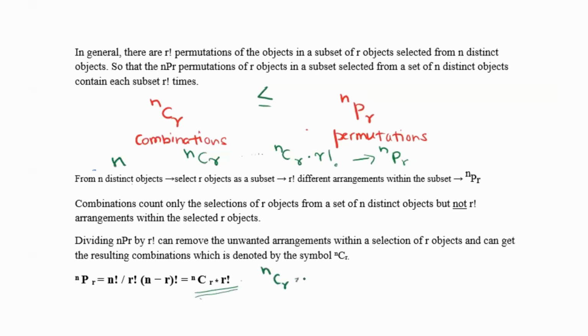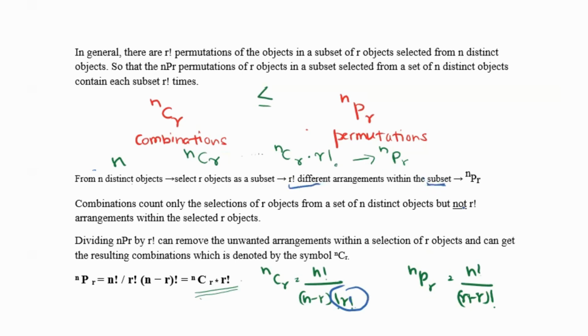nCr, by notation, we know is n factorial divided by (n minus r) factorial into r factorial. And we know that nPr is n factorial divided by (n minus r) factorial. Can you see the only difference is this little r factorial? That's the one doing all the difference in here, and that is the number of arrangements that we can have within the selected objects, within the selected subset, to be exact.